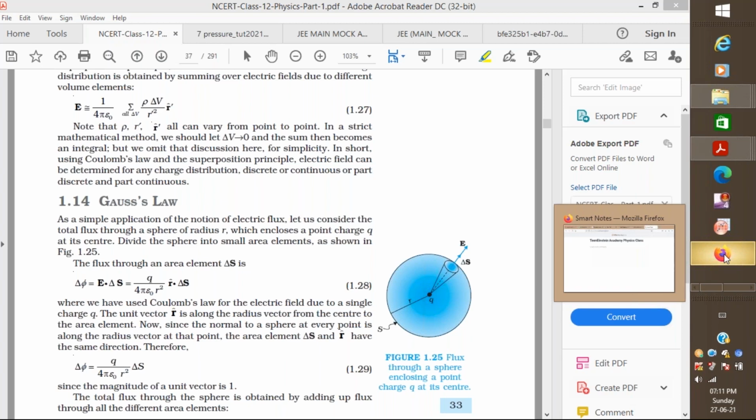This problem will be very simple. I'll ask you to first write down, answer this question, then I'll solve that. This is in fact from your book itself, the NCERT book.